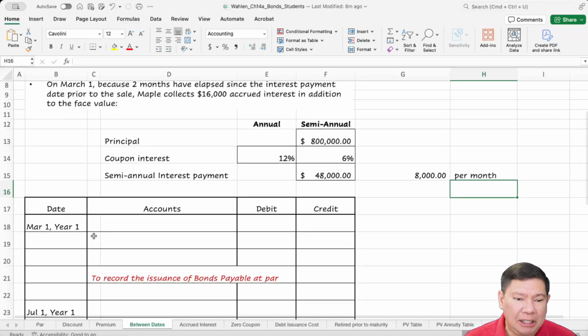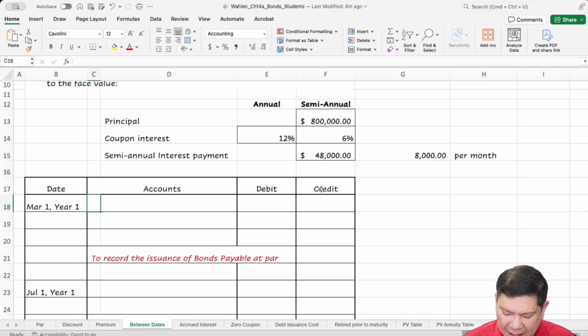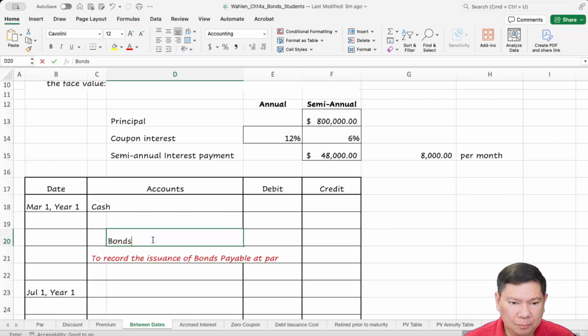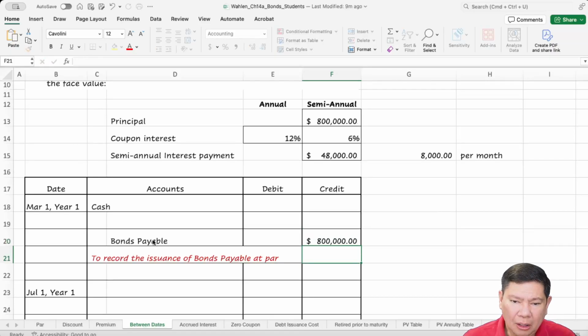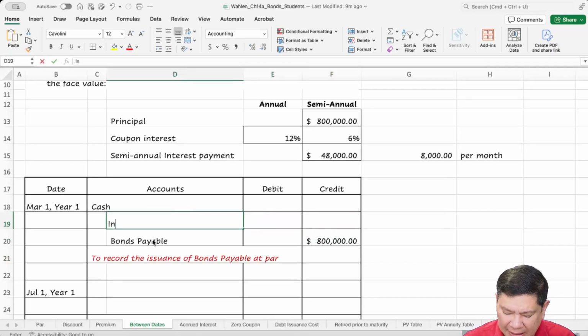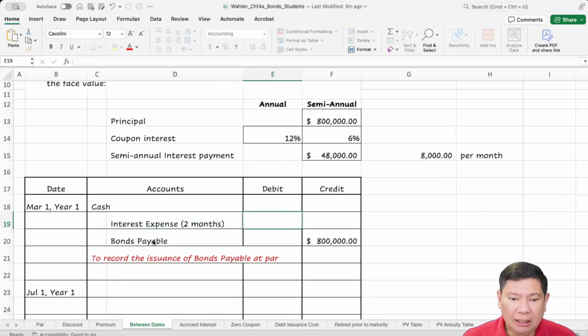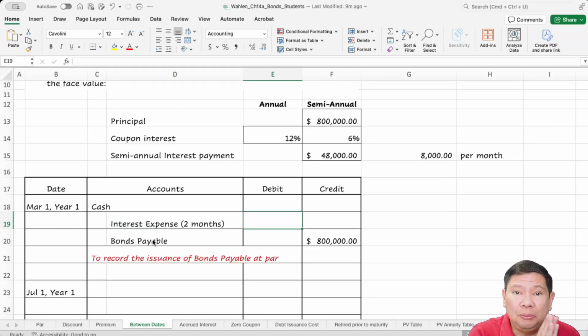So when the company issued the bonds, they're going to get cash, but the cash comes not only from the bonds payable. Okay, the bonds payable is 800,000, but also the interest expense. But you see that this interest expense is on credit. This is for the 2 months that they're not supposed to pay interest.